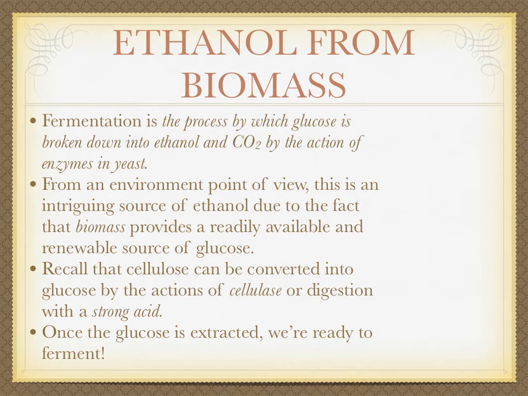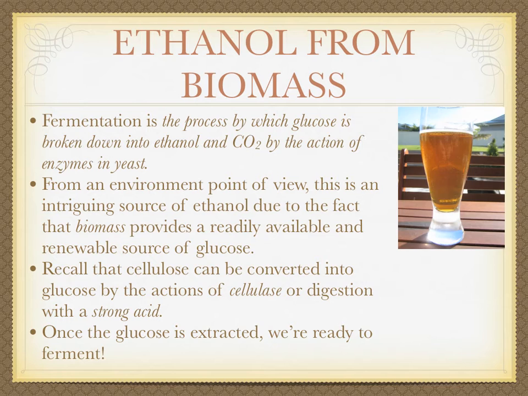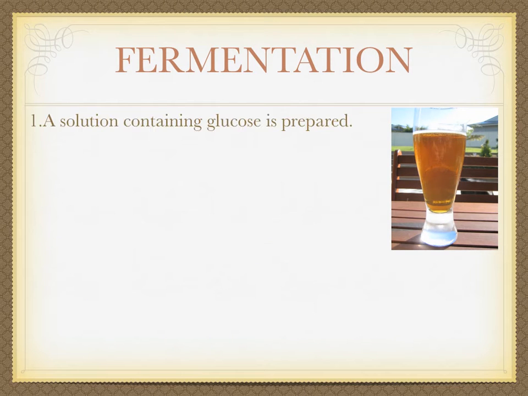Remember, cellulose is a condensation polymer of glucose, and we can reverse that polymer and break it back down into the monomer units of glucose using cellulase or a strong acid. So once we've extracted the glucose monomers from cellulose, which is found in all plants, we've got the starting point of fermentation.